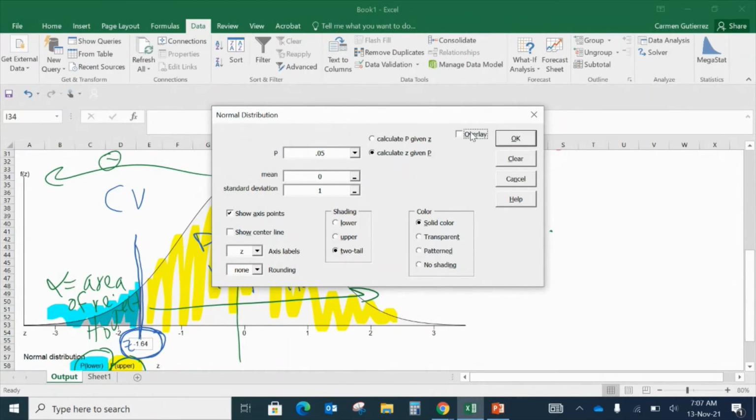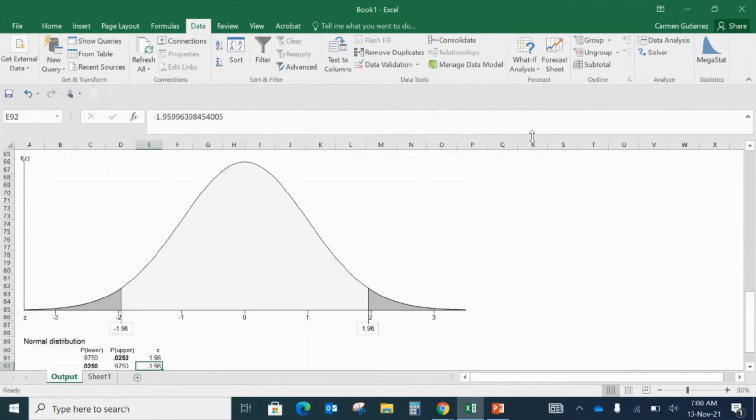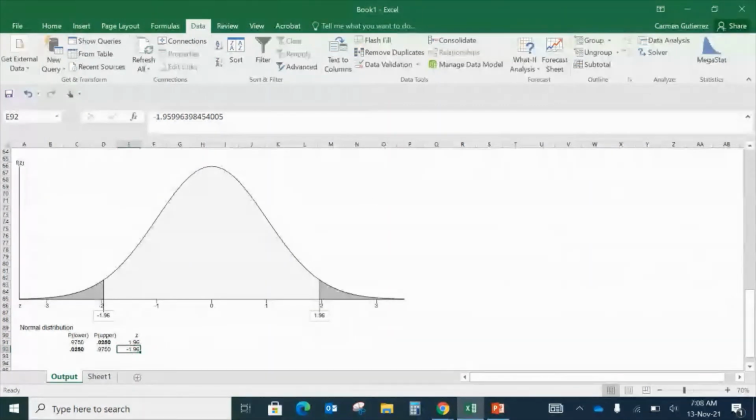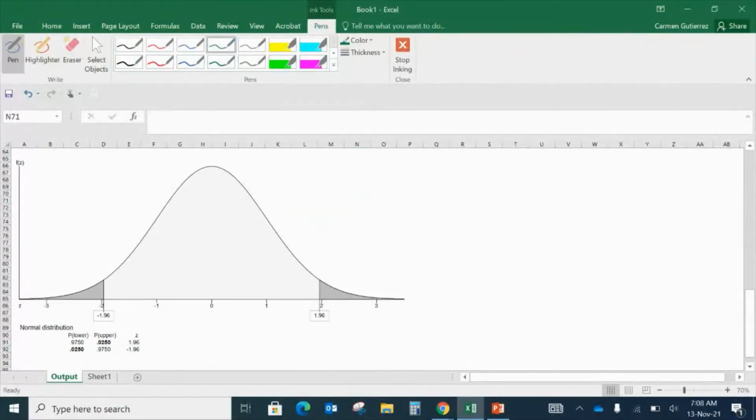I want a fresh, brand new curve. So let's do it, and there you have it, this is our two-tailed test. Let's see what it's telling us here. So you have this tail here, and this is my upper tail, and you see the numbers are bolded, and the lower tail is this one here.